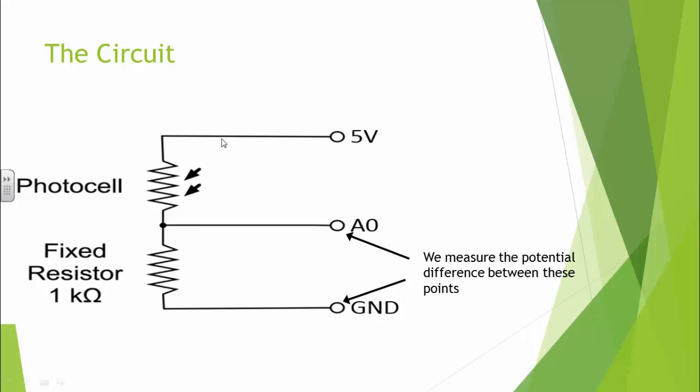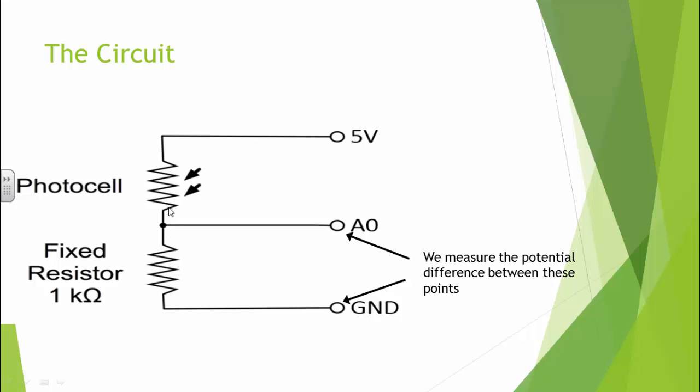And we can say, okay, if the resistance here is very high, essentially most of the current is going to get pulled away by this fixed resistor here. Most of the energy from the electrons is going to be sapped by going through this high resistor here. So once we reach this point, it's at a very low energy point and our voltage will be very low.